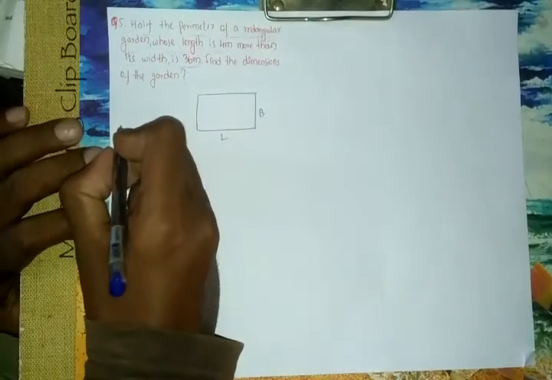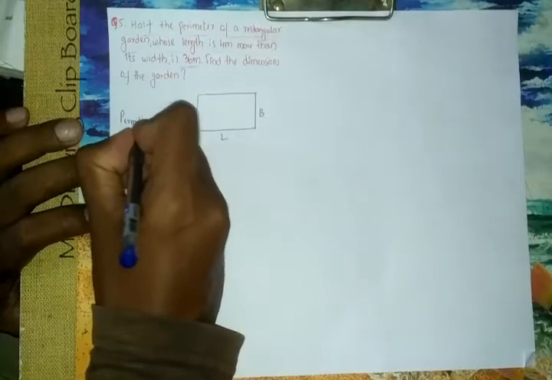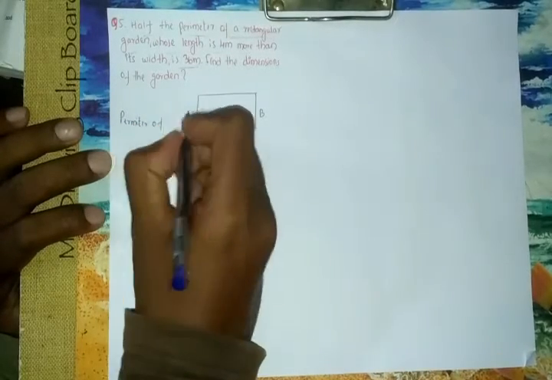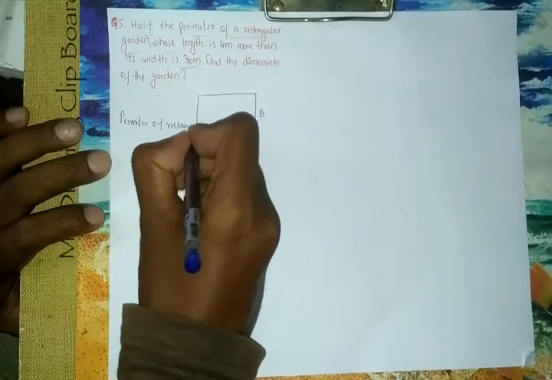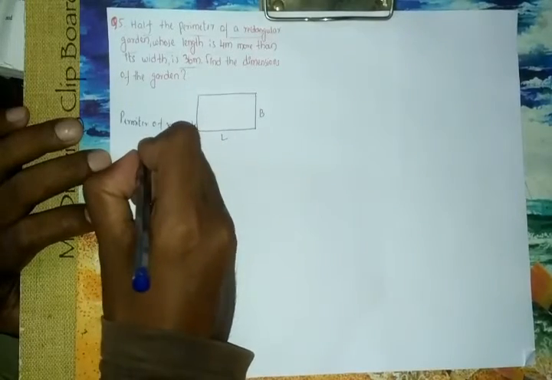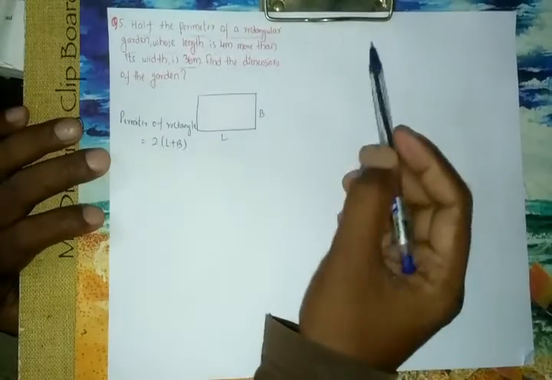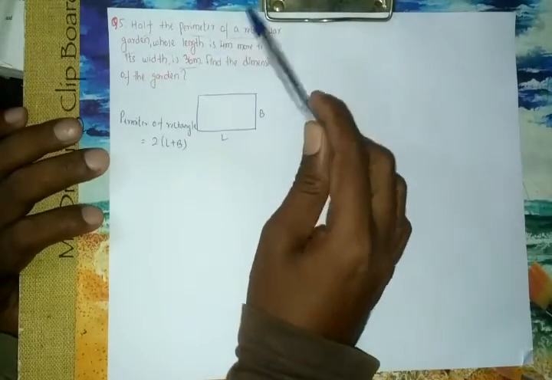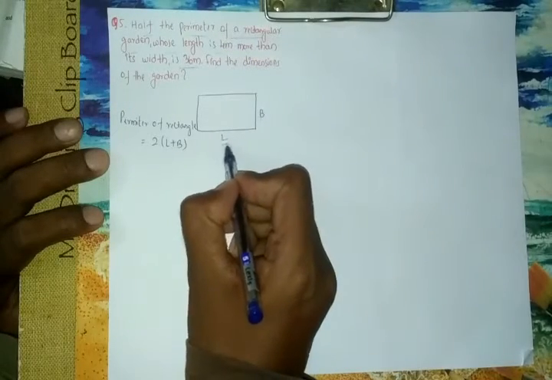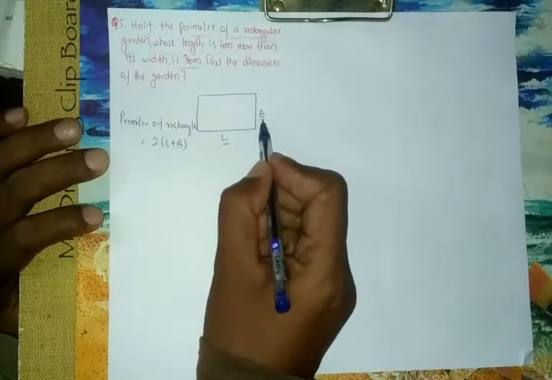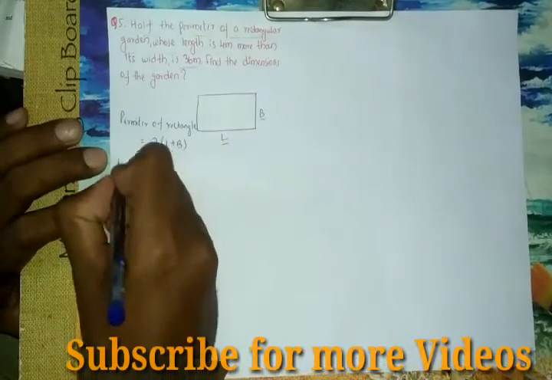So you know that perimeter of rectangle is 2 times of L plus B. So here first we are trying to identify which are the variables. So variables are L and B.